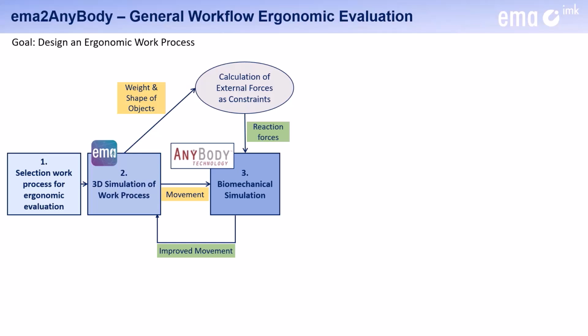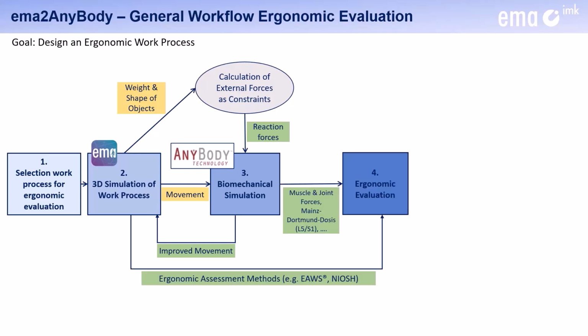You can re-import them in EMA. Don't worry, I will show you some examples in the next couple of minutes. Based on the biomechanical simulation, our motion generator has algorithms using different other conditions to generate motions. That also means you get a more detailed, so-called better movement in EMA Work Designer.